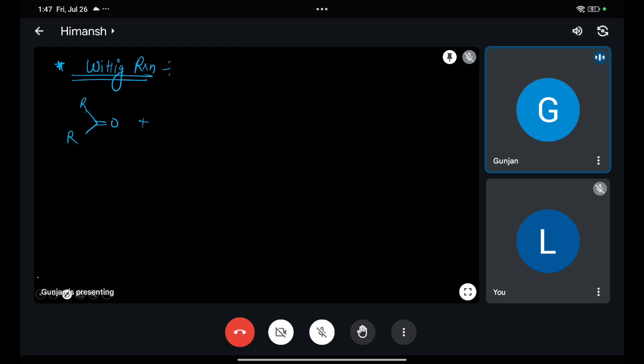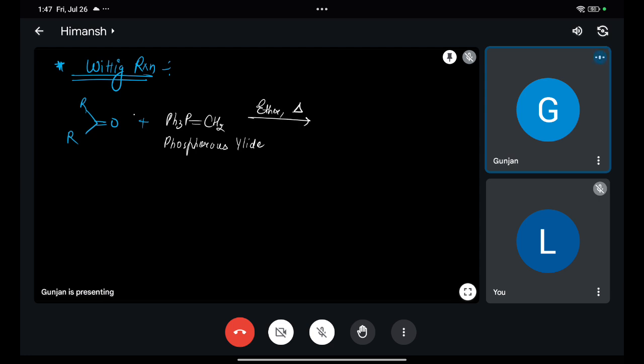Although the reaction is not there in your NCERT, it's given that phosphorus halide, this is phosphorus halide, heated.